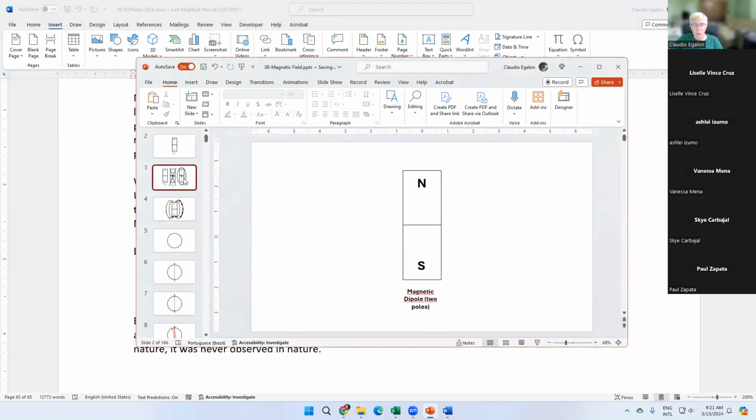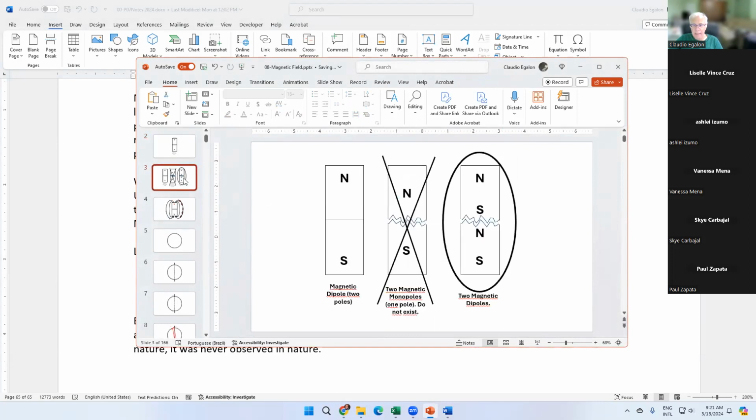But if we cut this magnetic dipole, that's why it's called dipole, because it has a positive and a negative polarity, or a north and south polarity. If we break it in half, you'll never be able to isolate the north from the south. Every time that you break it, the south forms naturally, and the north also forms in the lower part of this magnet. And if you keep on breaking, it's still gonna form north and south polarity. Like I said, this is a law of nature.